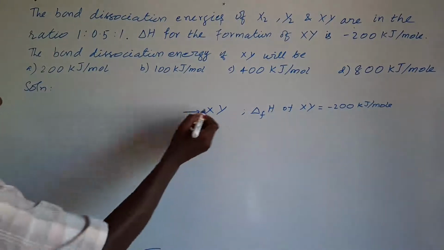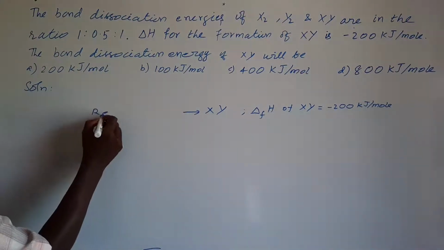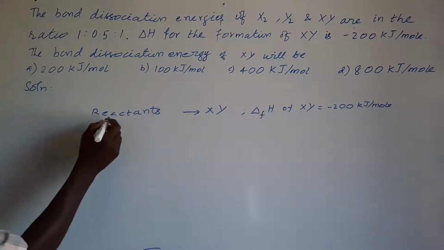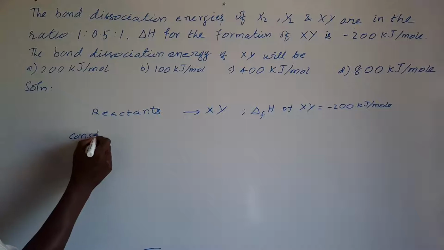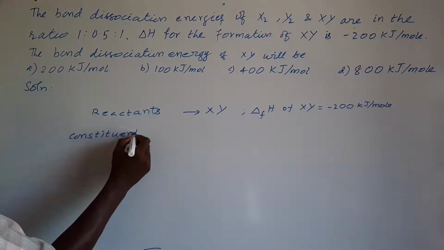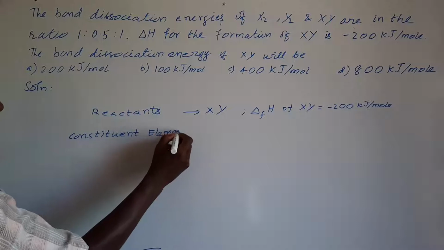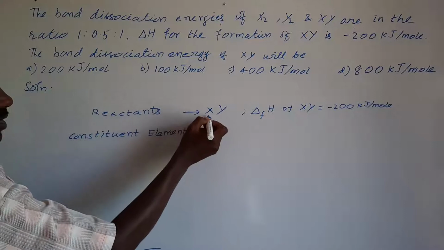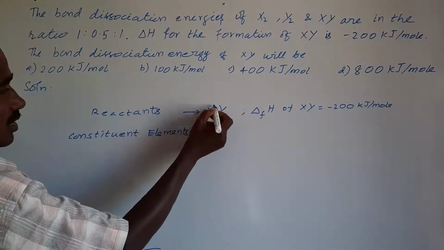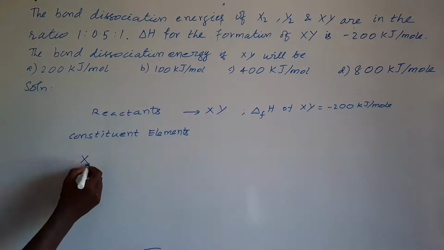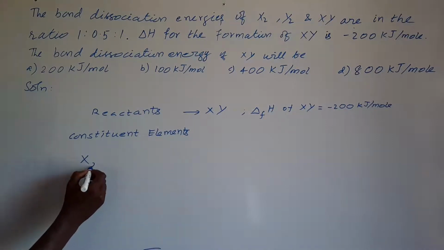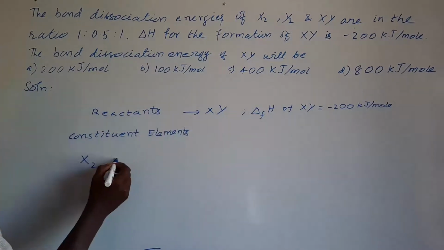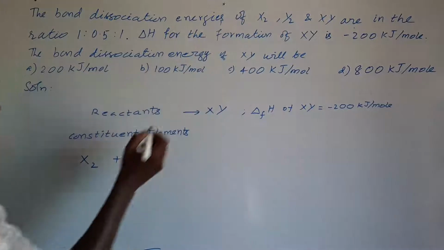Now the product we have written. We have to write the reactants. Reactants are the constituent elements of the product. The product is XY, in this X is one element. X is halogen, therefore we will take X2. And Y is another element, whose formula is Y2.